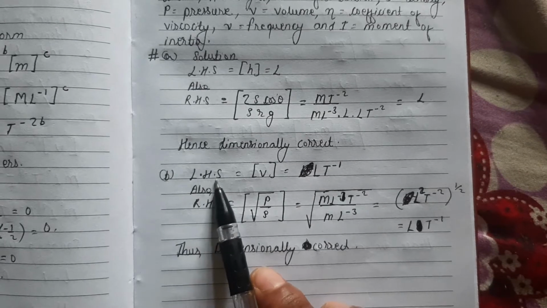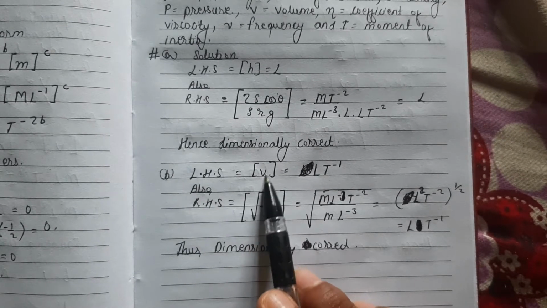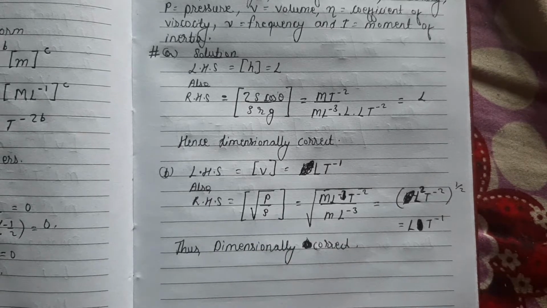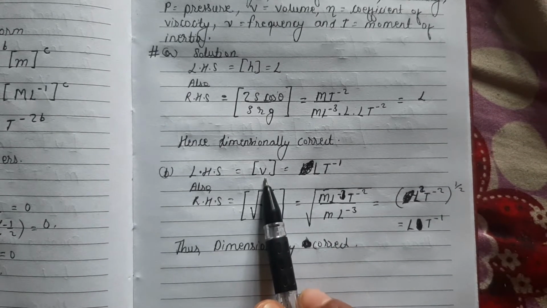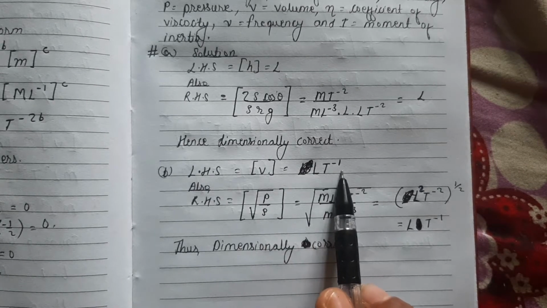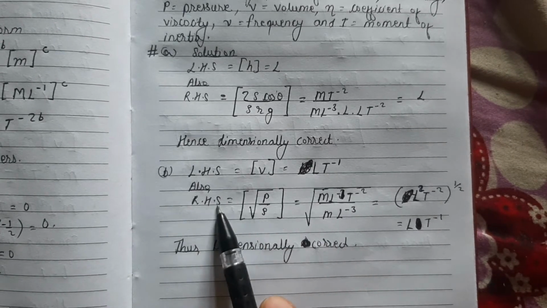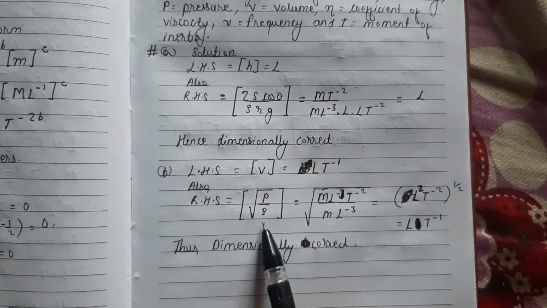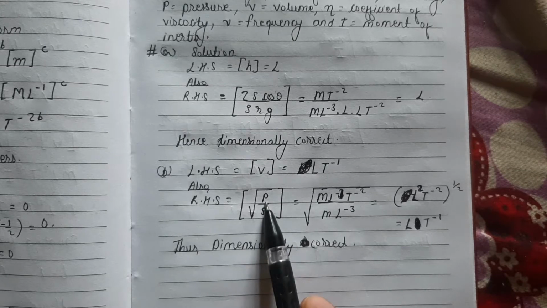The dimension of LHS, that is V, is velocity, and the dimension of velocity is L T to the power minus 1. Also the dimension of RHS is the dimension of root under P divided by rho. This P is pressure.